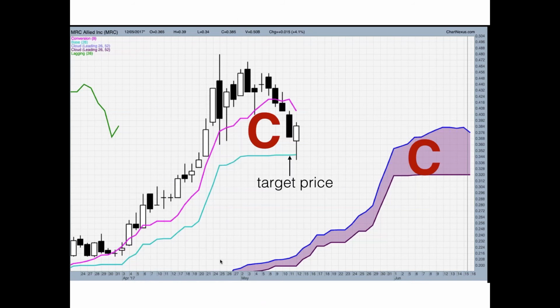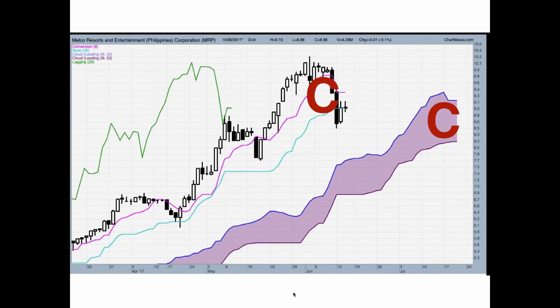Take a look at this MRC chart. These C's are called the C-clamp patterns. The area where you find the letter C shows a disequilibrium between the Tenkan-sen and the Kijun-sen. When this happens, either a correction in price or in time occurs.